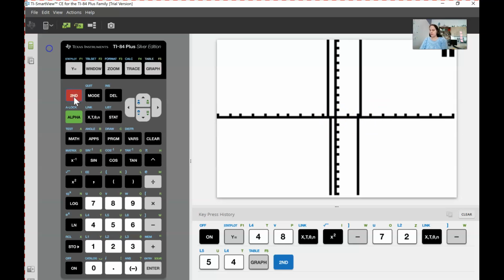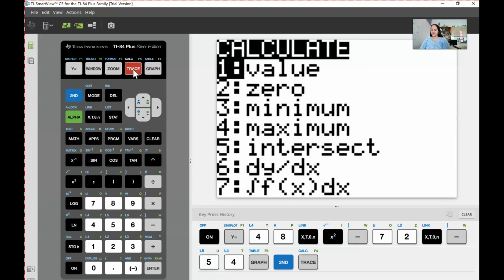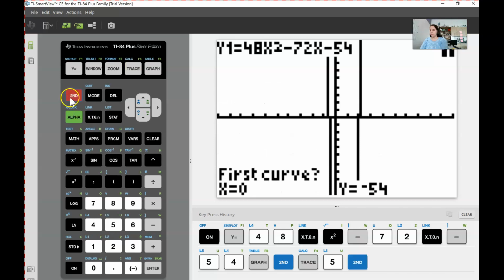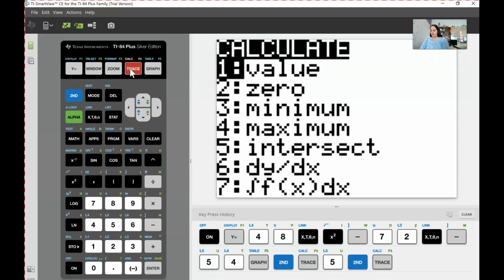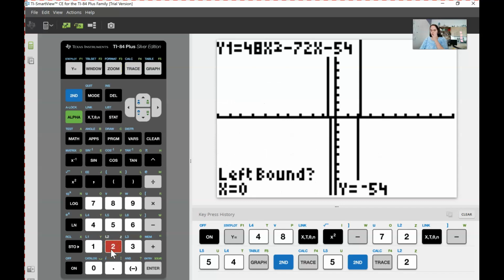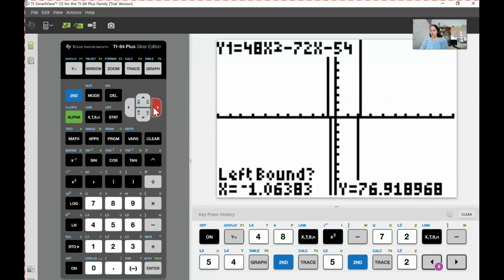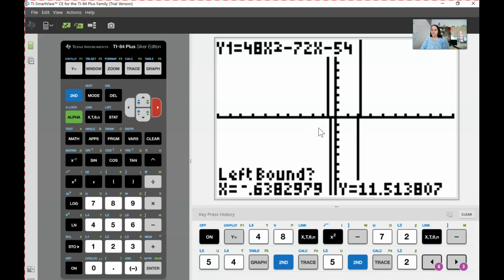So I'm going to do second trace and then intersect. Oops, nope, sorry guys, wrong one. Second trace 0, that's what I want. And left bound means I'm going to go over to my first one. Left bound on this one is when y is positive. So right here.